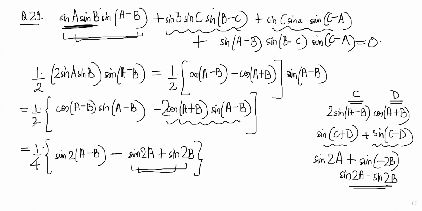So what you will be left with is 1 by 4 of sine 2A minus 2B, 1 by 4 of sine 2B minus 2C, and 1 by 4 of sine 2C minus 2A, right? Correct. Yes sir. Great. So now try to simplify that.